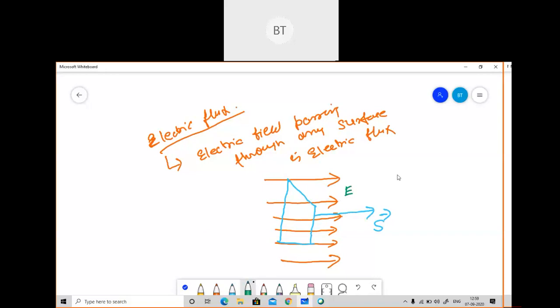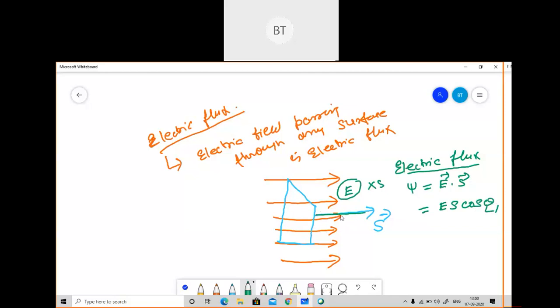If I calculate the electric flux for this, we represent electric flux by phi, and it equals the electric field into the surface area, E S cos theta. Since the surface is perpendicular to the field, the angle theta is 0, no angle.